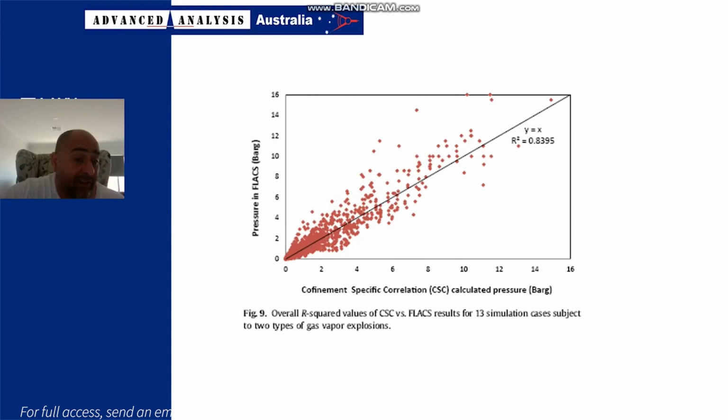Again, it's an analytical estimate, but this is how it compares to CFD. It's been compared over about 3,000 cases, 2 sets of 1,500 cases. And you can see here the R squared was about 84%. So this method is what is used for gas explosions as the source.